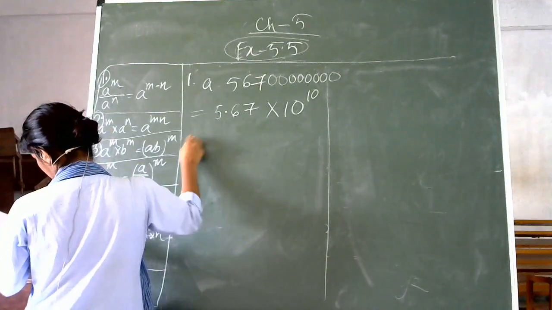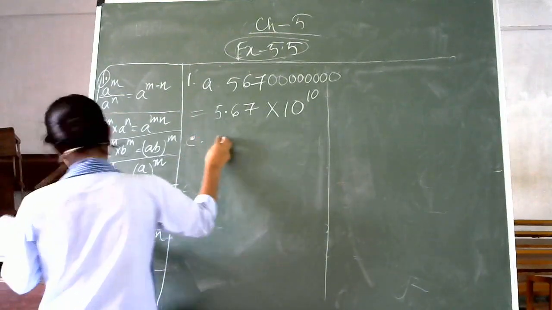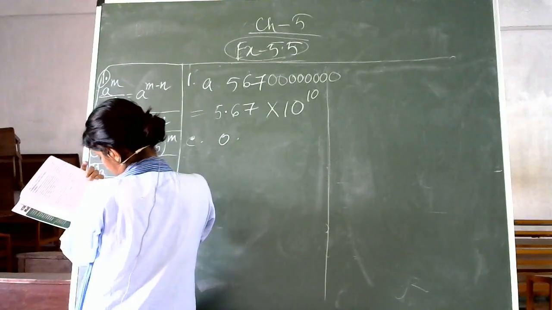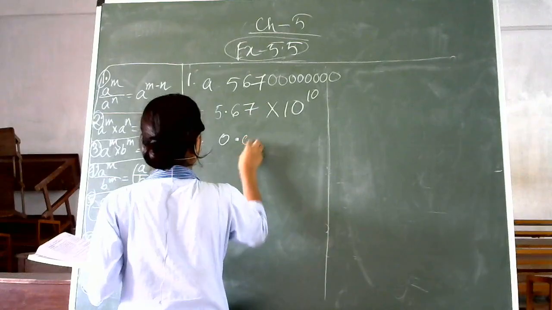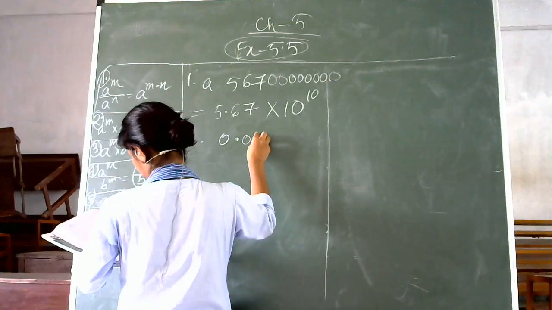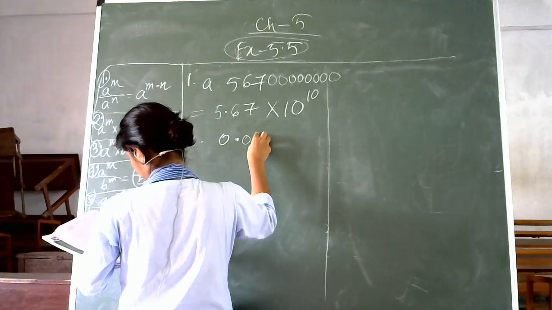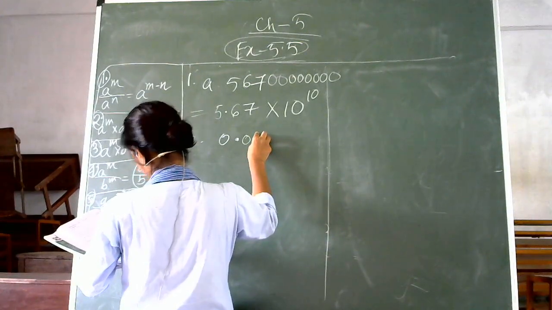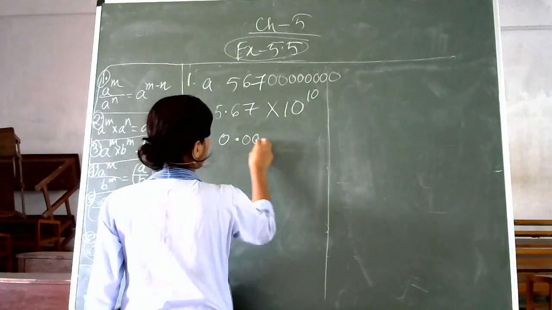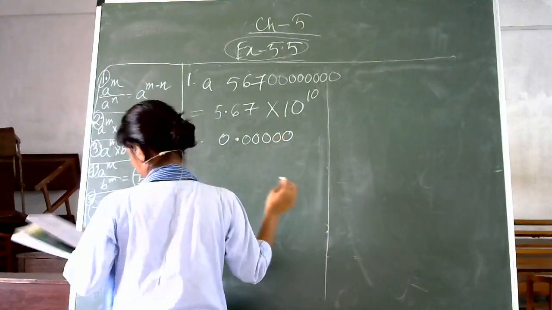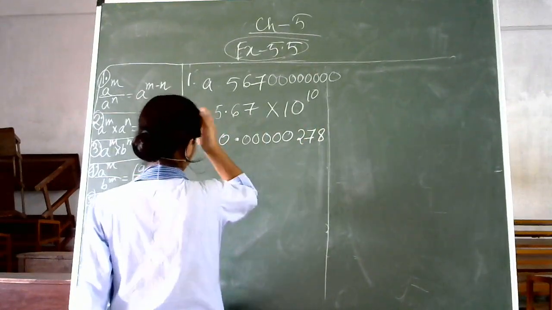Now you see in the next question, there are 5 zeros after the point. Okay, all right.